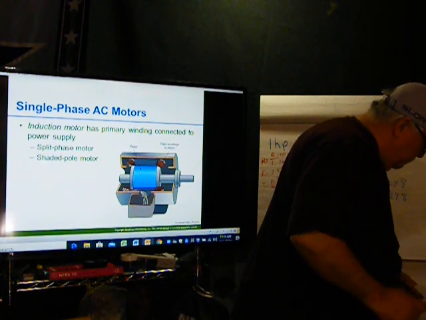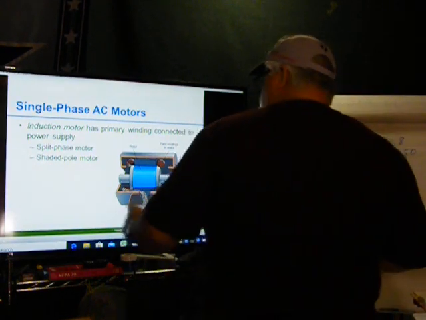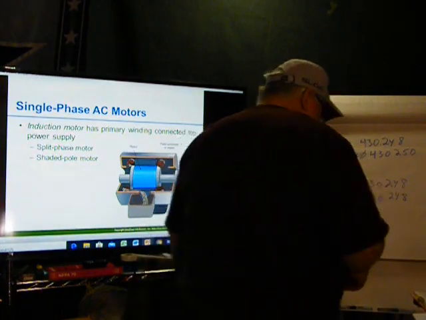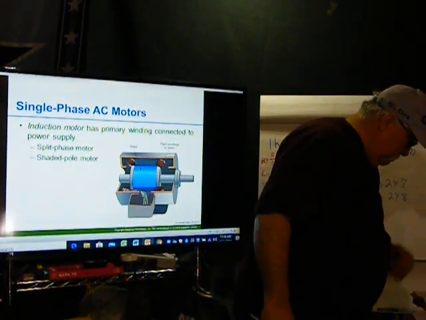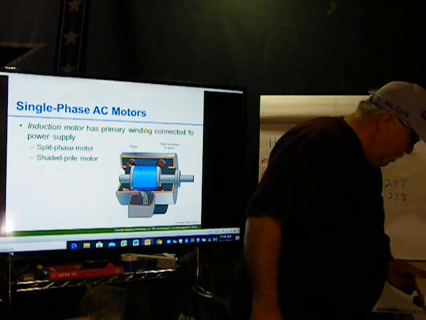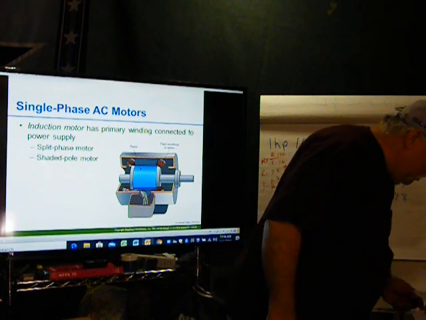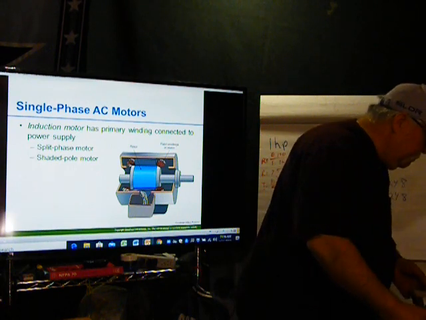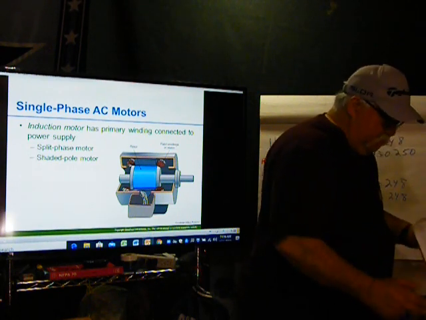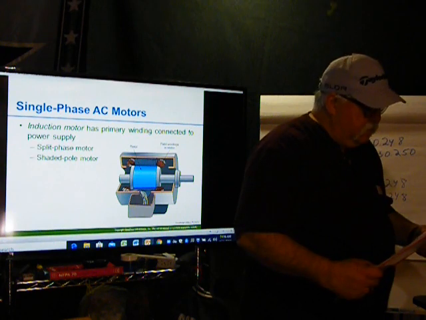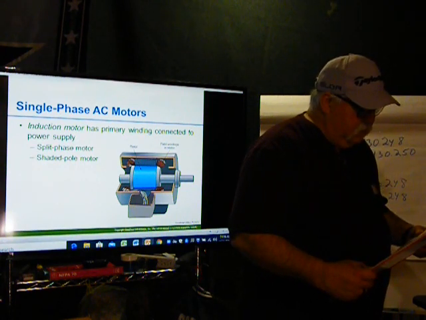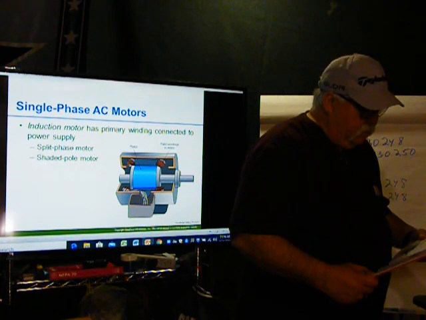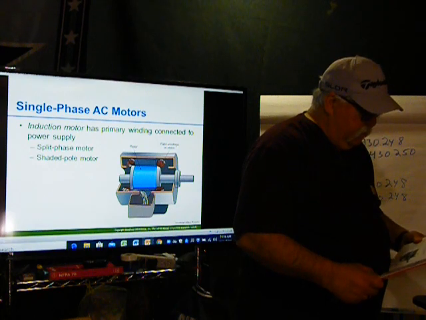Alternating current. So we have on the single phase motors, we have a split phase motor and a shaded pole motor. This says an AC induction motor has a primary winding stator connected to the power supply. The secondary winding in the rotor carries the induced current.